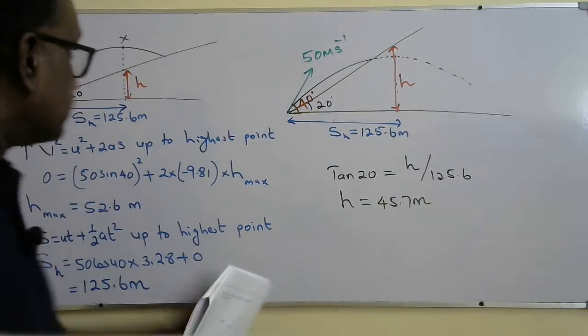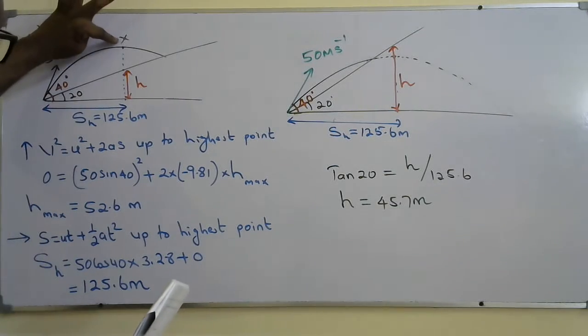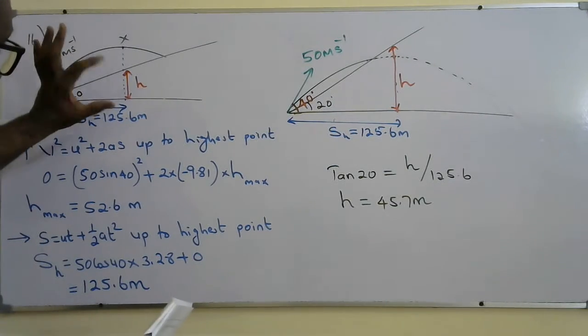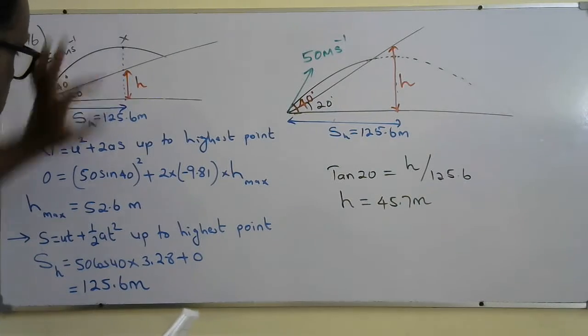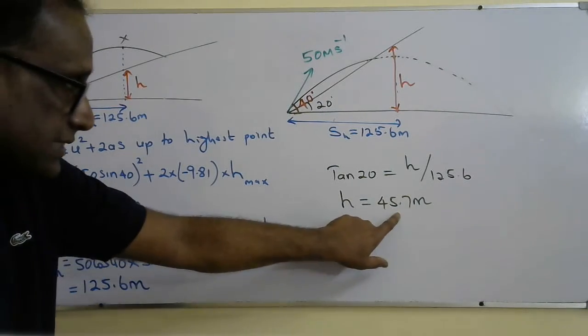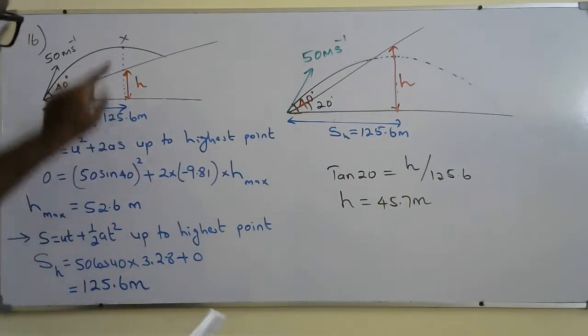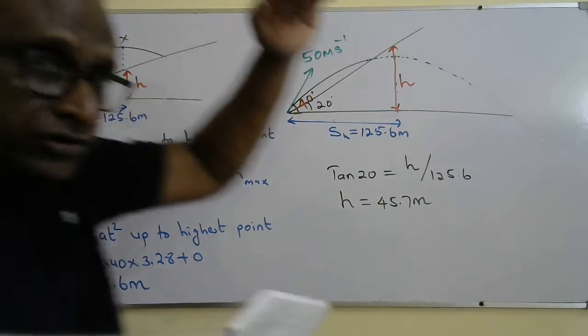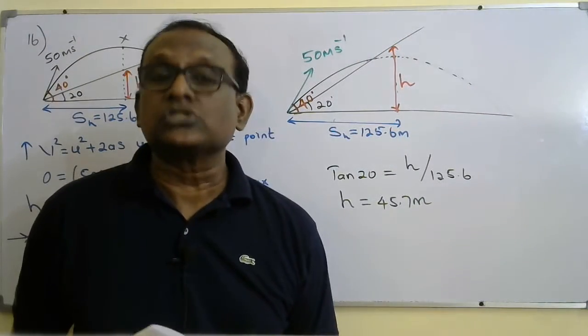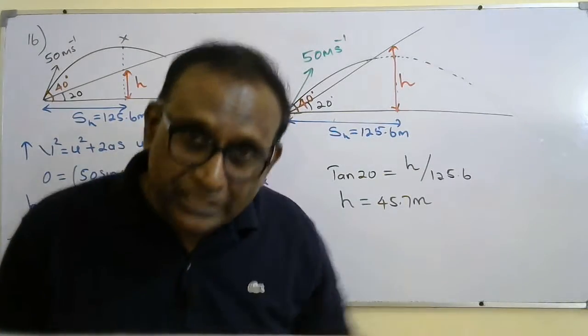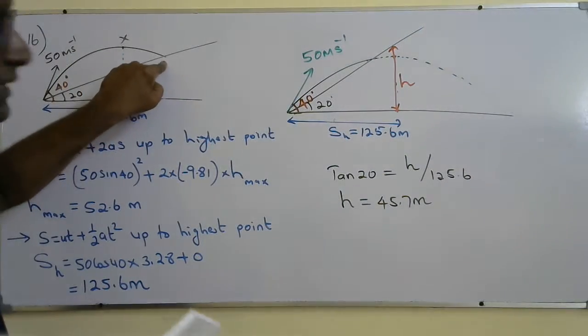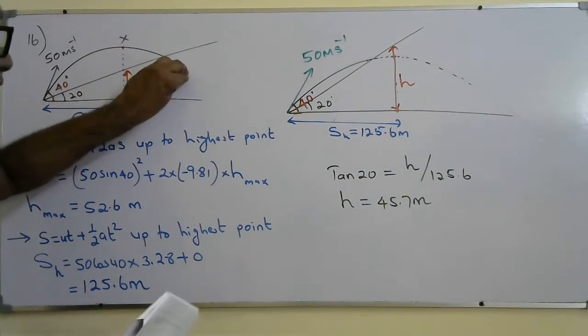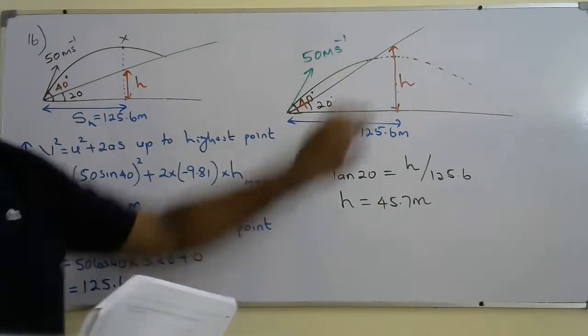That means when the projectile is at its highest point, the height of the mountain is just 45.7. That means the projectile is above the slope of the mountain. So the projectile will travel further and hit the mountain. So this is the correct diagram, not this one.